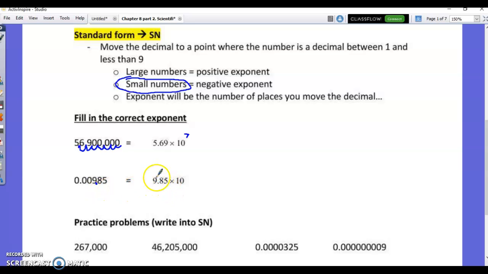So I would write the 9.85 there, write the times 10. Now we have to figure out how many we went from here to here. 1, 2, 3. 3 spaces. So that would be -3 because it's a small number, but that 3 is how many spaces we moved it.